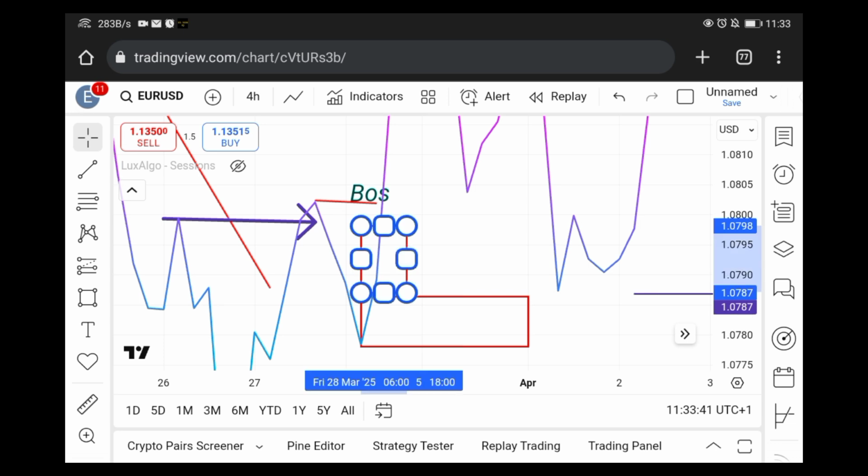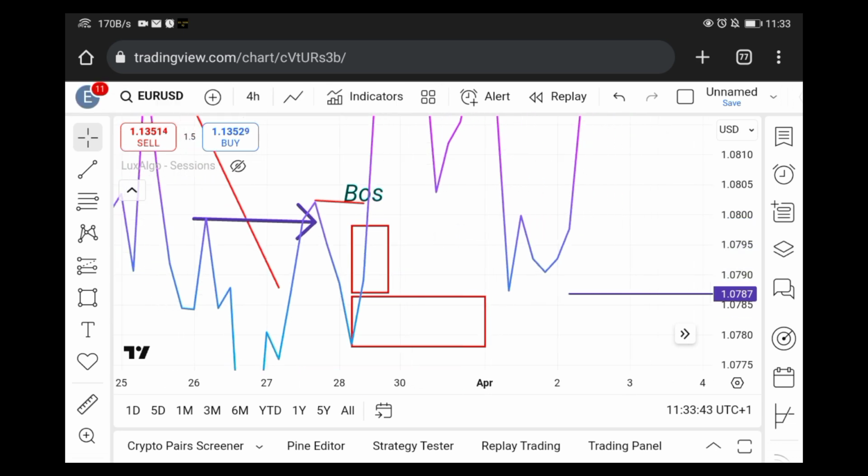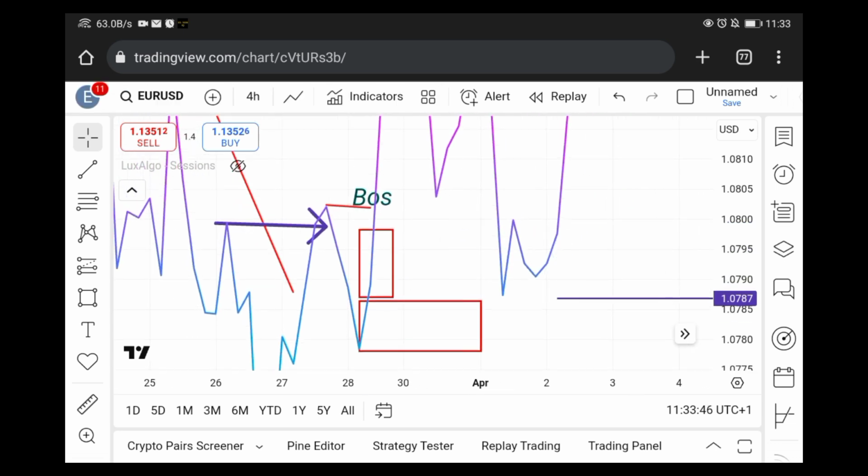So once that has given you a BOAs, it is now for you to turn your chart to a normal candle. Why do you turn your chart to a normal candle?